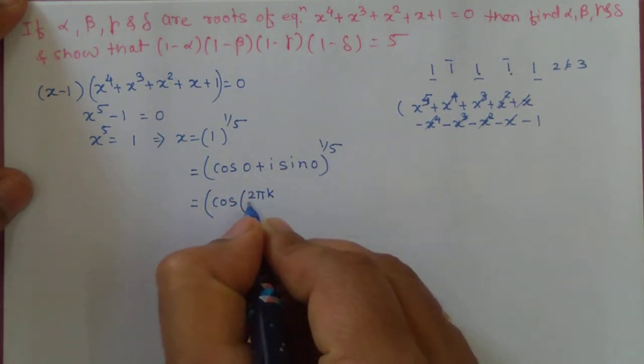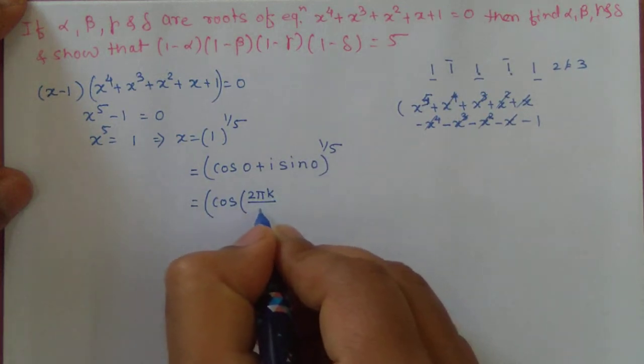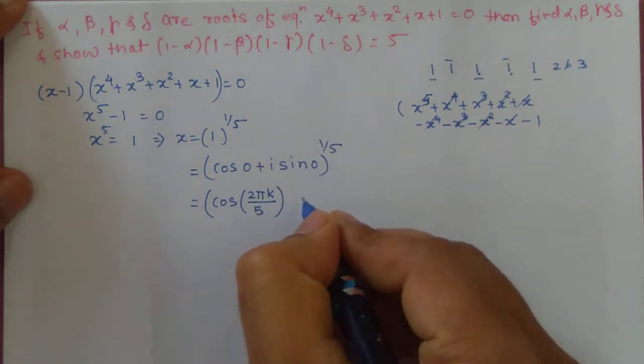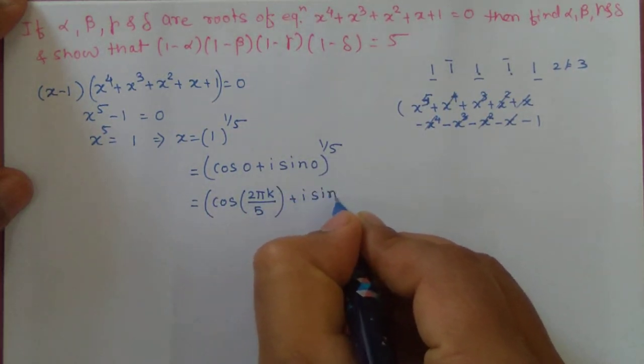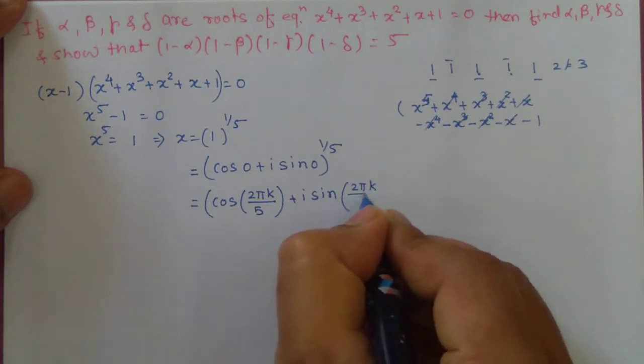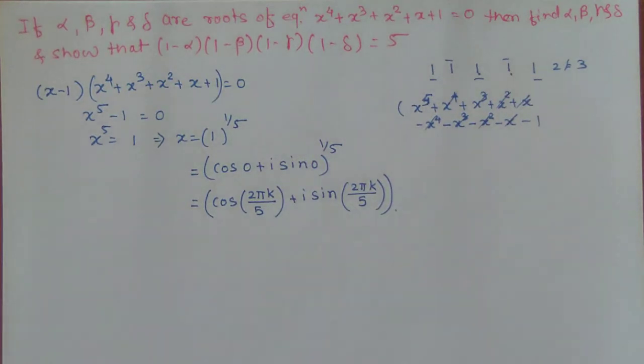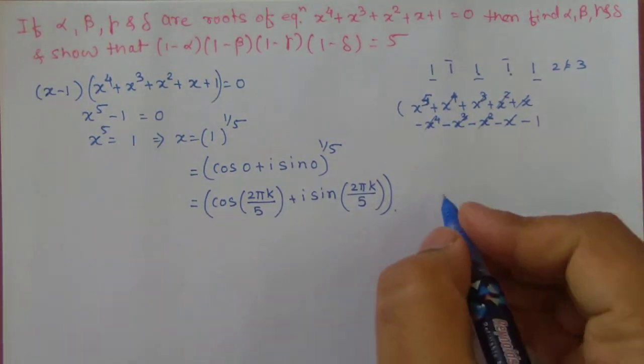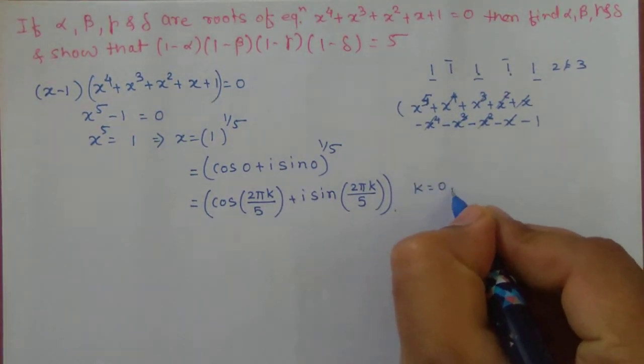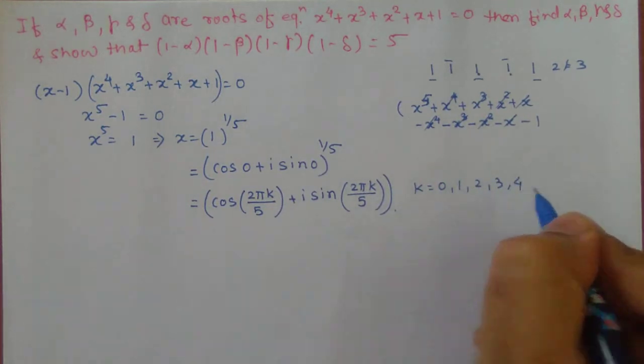Here theta is 0, so we write only 2 pi k upon n, that is 5 here, plus i sin 2 pi k divided by 5. Here the n is 5, therefore k will take the values 0, 1, 2, 3 and 4.